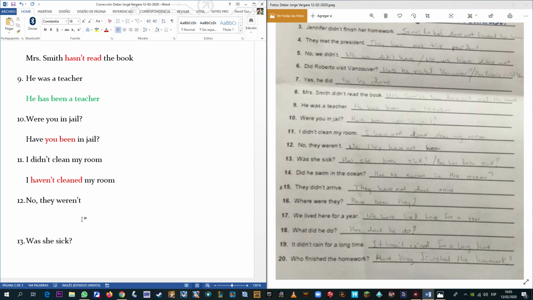You can just write, no, they haven't, because it's the same thing, but in present perfect. Been is not necessary. Okay? No, they haven't. We just have to change this.